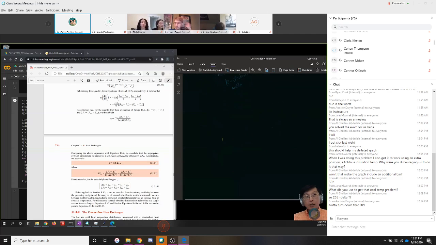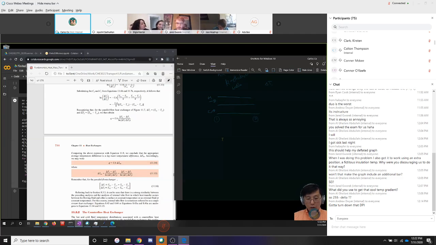counter-current? Well, the way it works is the following. Let's just draw it like this. If you had a co-current, and this was your hot stream and this is your cold stream, and let's call this position 1 and this position 2, notice how this will look.